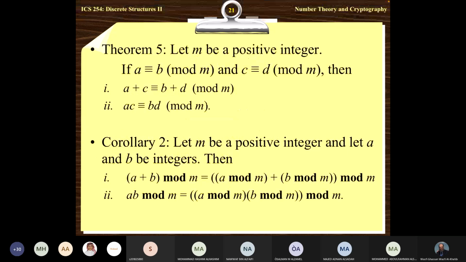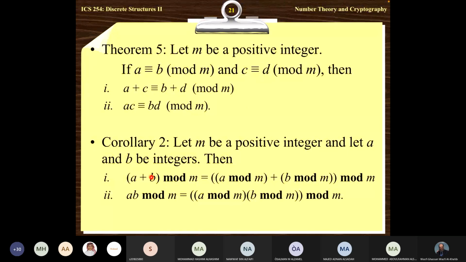Can anybody tell me what this theorem tells us? In fact, not only this theorem, let's also go to the corollary. Let m be a positive integer and let a and b be integers.